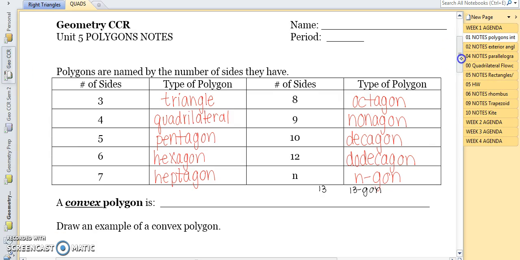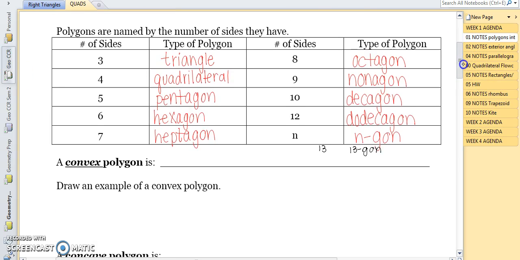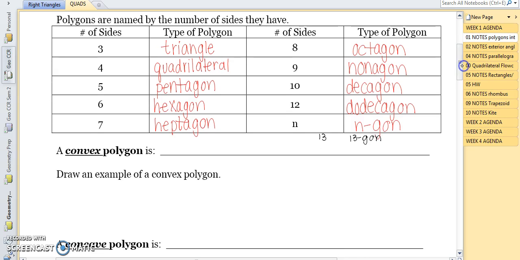Okay, we are going to continue on and talk about a convex polygon. A lot of these definitions are pretty crucial. A convex polygon is typically the type of polygon that we'll be using in these polygons. A convex polygon is just a polygon or a figure with all interior angles less than 180 degrees.